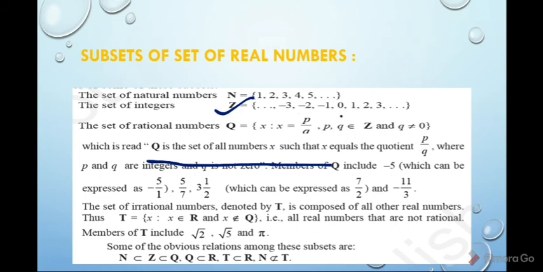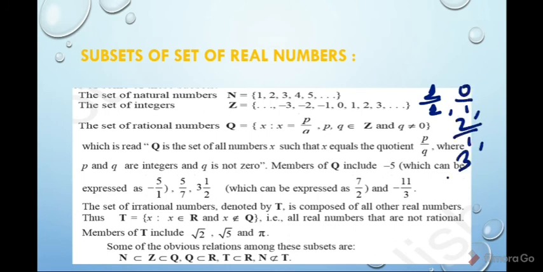Because 0, 1, 2, 3, 4 and so on, and -1, -2, -3 and so on, can all be written in the form 1 by 1, 0 by 1, 2 by 1, 3 by 1, then -3 by 1, -2 by 1 in this way.